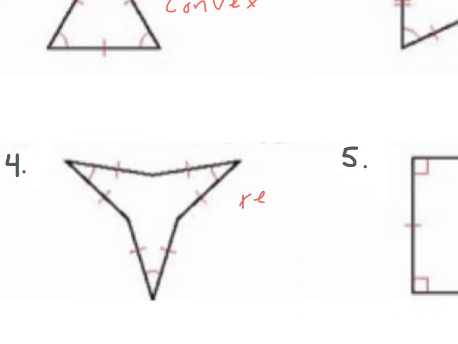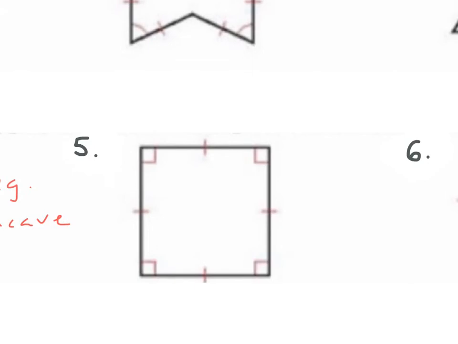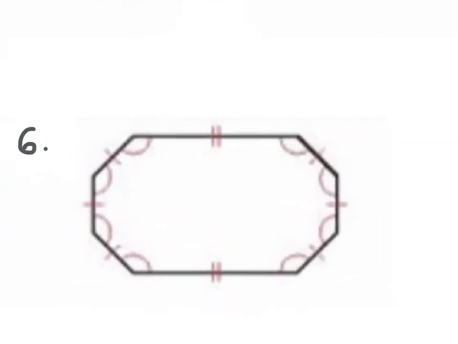So this is regular and concave. What about 5? Regular and convex. And number 6?